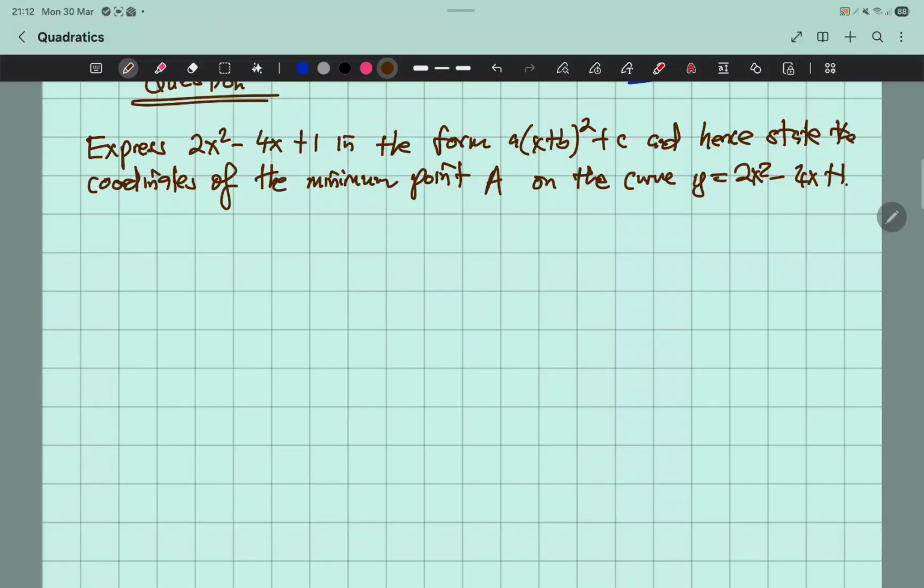So according to the method that I taught you, we start by expanding the given form.